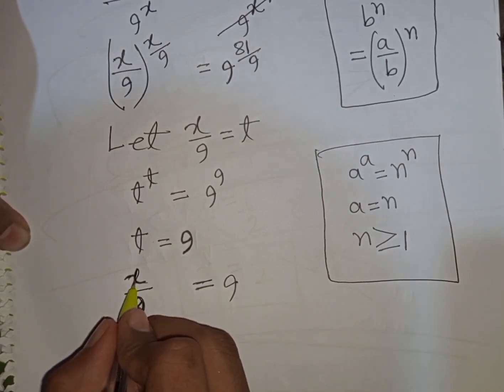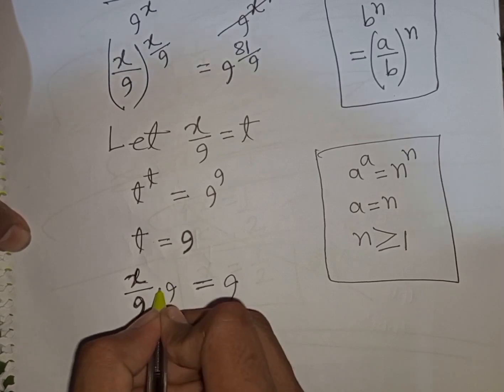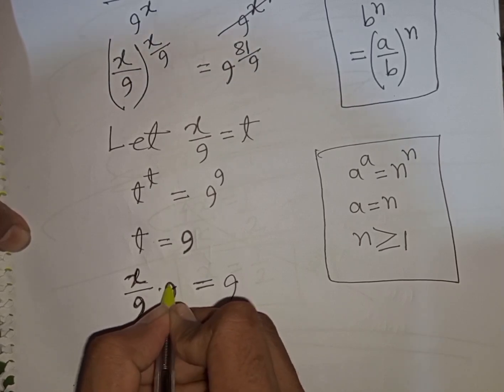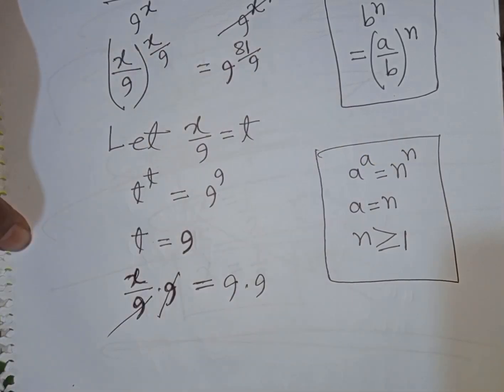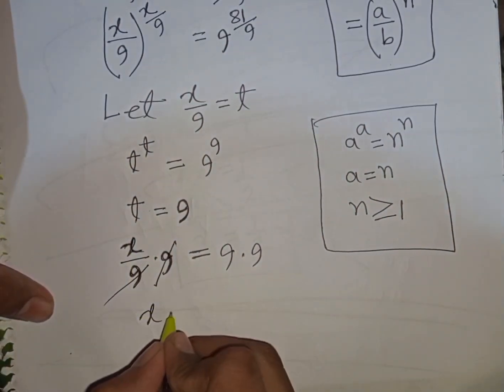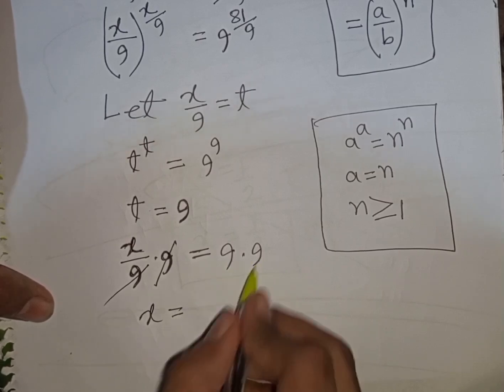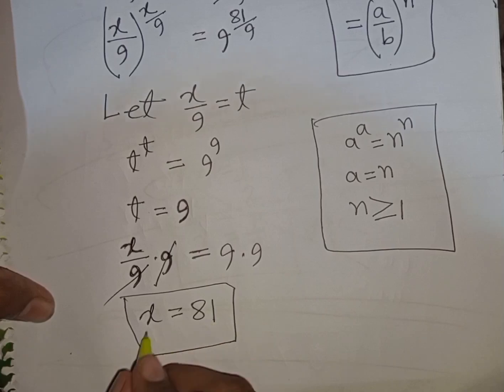Now we need the value of x, so we multiply by 9 on both sides. So multiply by 9, multiply by 9. So this 9 will be cancelled. So here x will be equal to 9 multiplied by 9, that means it will be 81. So 81, this is the value of x.